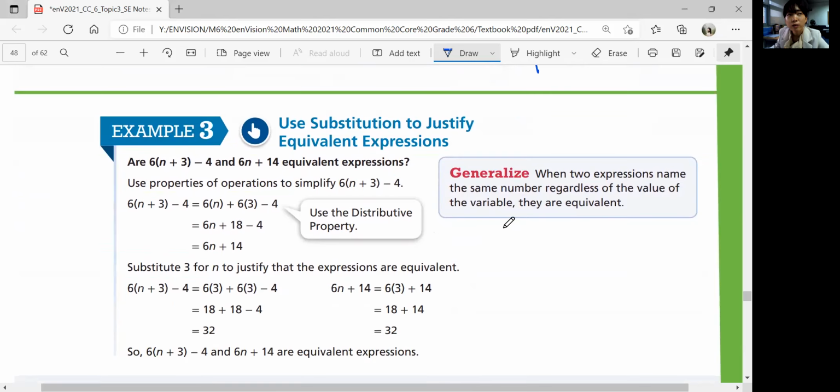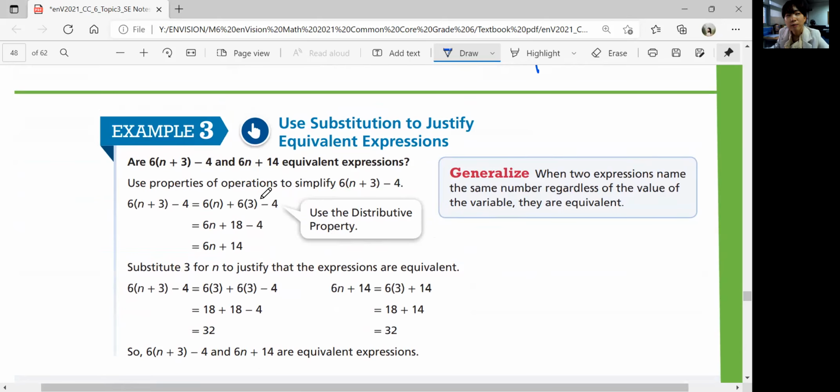Example 3. Use substitution to justify equivalent expressions. So justifying means prove. How can you explain how they're equivalent, right? So by definition, equivalent expressions give you the same values when you substitute the same numbers for the variables. Okay, so in order to check and justify equivalent expressions, you plug in some numbers.